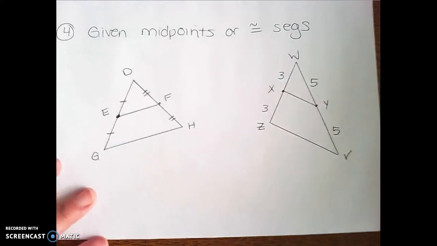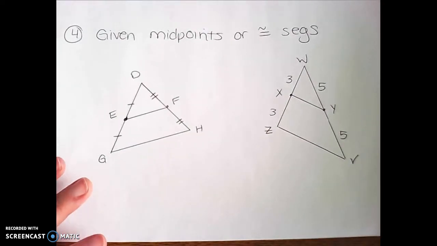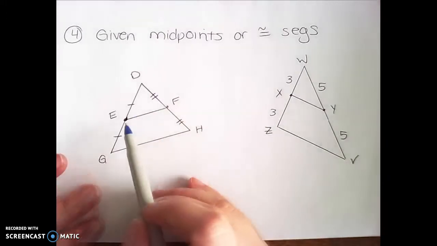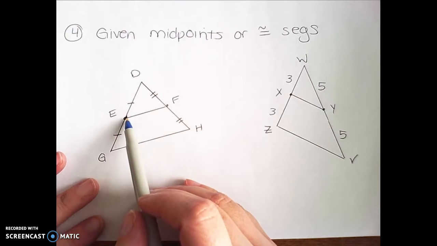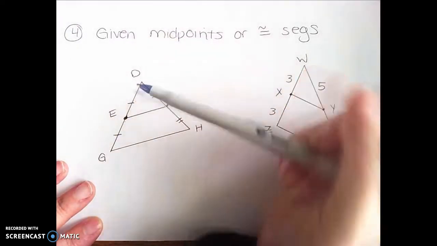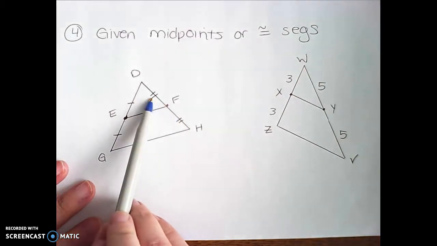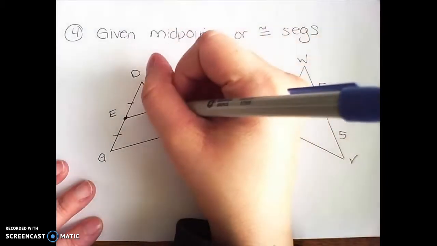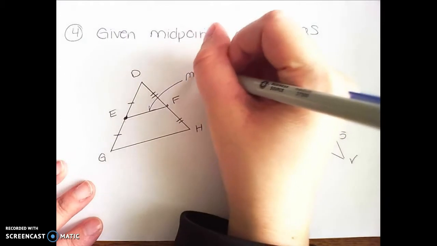The final option is that I'm giving you midpoints and/or congruent segments to get midpoints. So in this first example here, I know that E is a midpoint because these two parts are marked congruent, and I know F is a midpoint because these two parts are congruent. So I know that segment EF is called a midsegment.